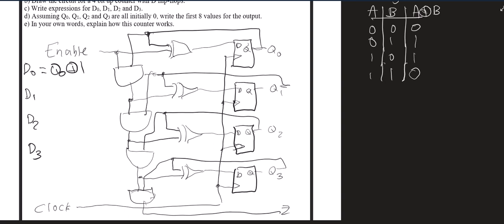So that's it. D1 is Q1 exclusive OR Q0, because even though this is an AND, it's an AND of Q0 and 1, and the AND of anything with 1 is just itself.